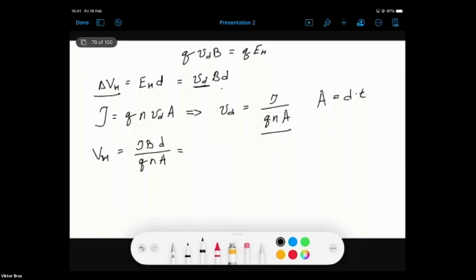So we can write J instead of I, times B times D divided by Q N.